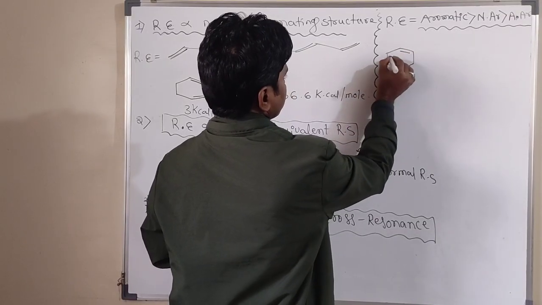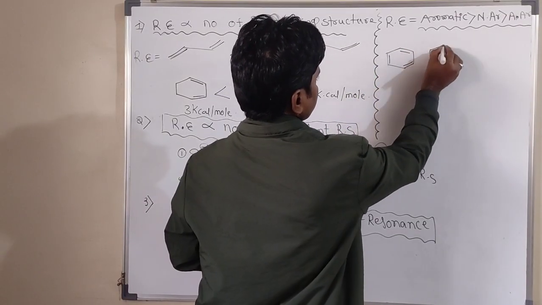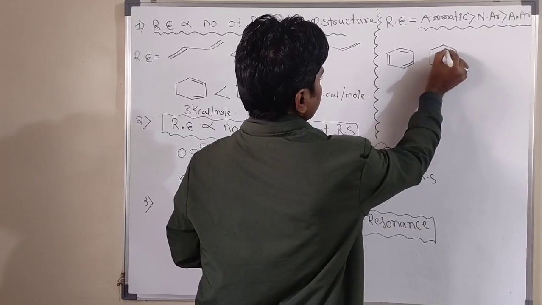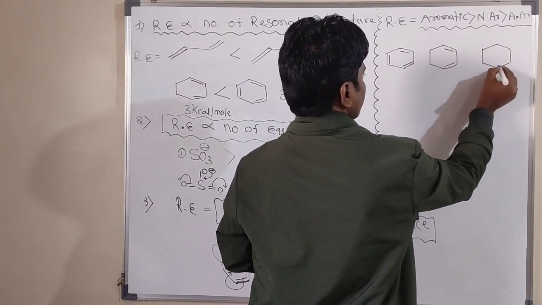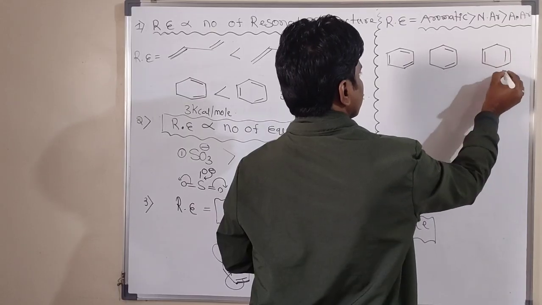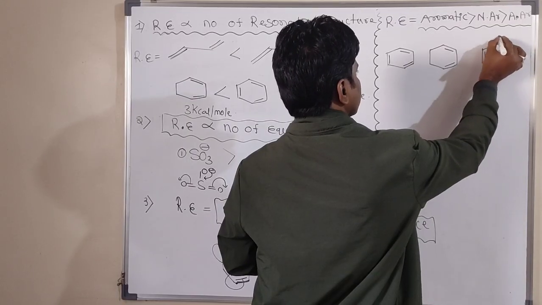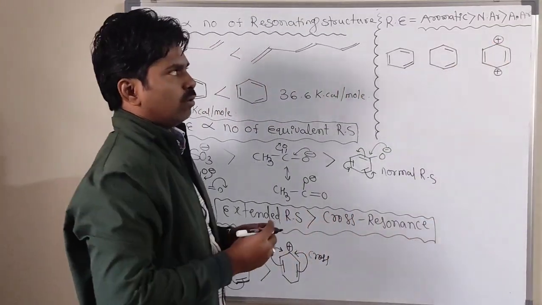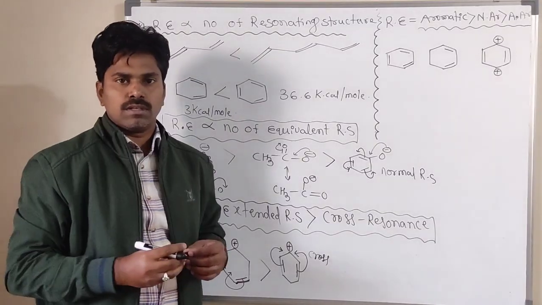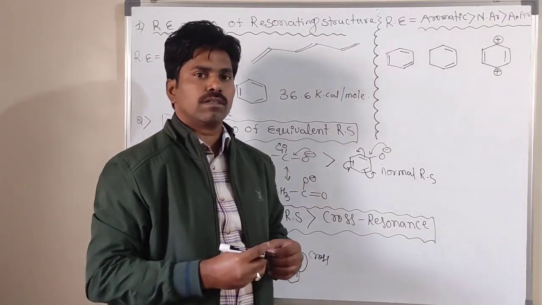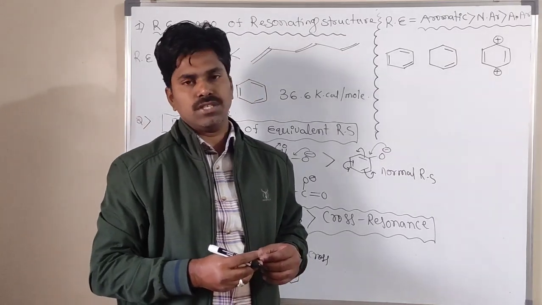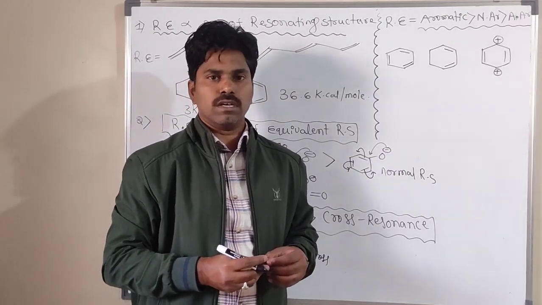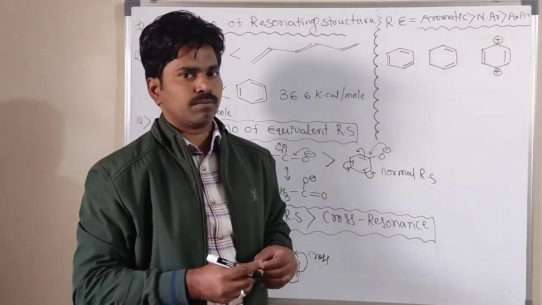This is benzene. Here there is a double bond, and here also double bonds, like this. We already know it is aromatic. What is aromatic? It is cyclic and planar, with complete conjugation, and follows Huckel's rule, 4n plus 2.